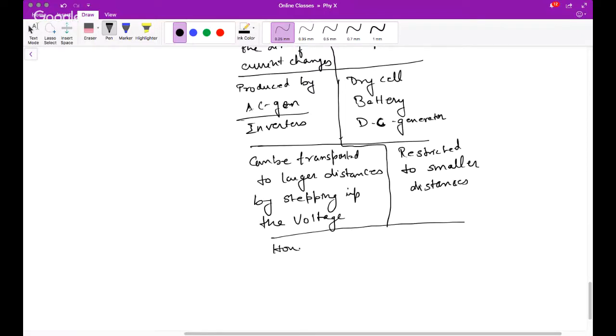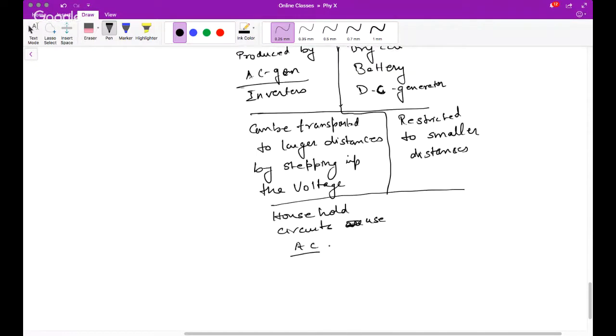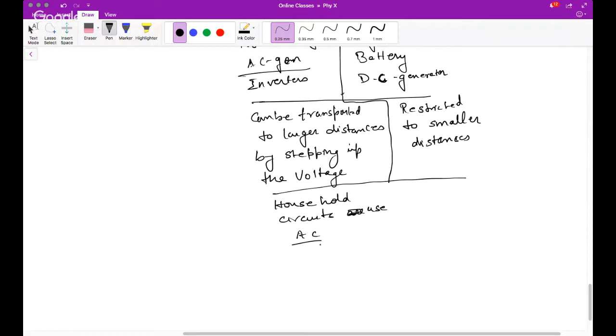Household circuits use AC. For example, your refrigerator, air conditioner, fan, bulbs, tube lights, geysers all use AC.